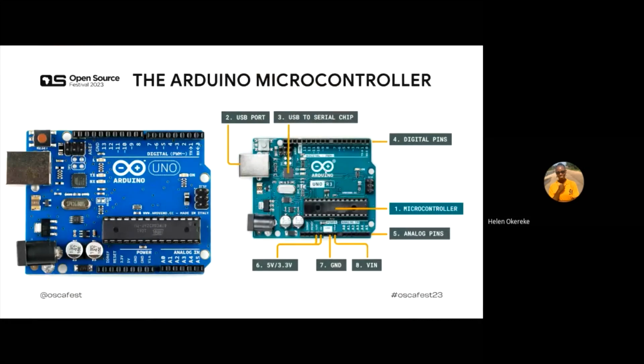But the Arduino can only give out 5 volts. So what if you want to automate this fan? If your fan is 240 and the Arduino is giving 5, that is 240 minus 5, that is 235. We are still looking for 235 volts before we can switch on that fan.